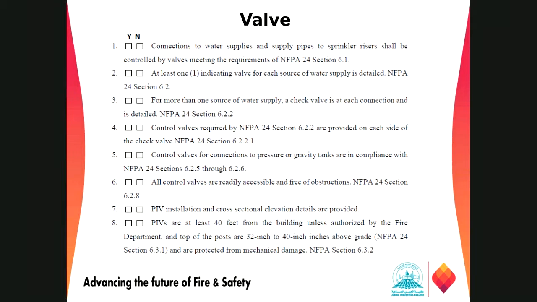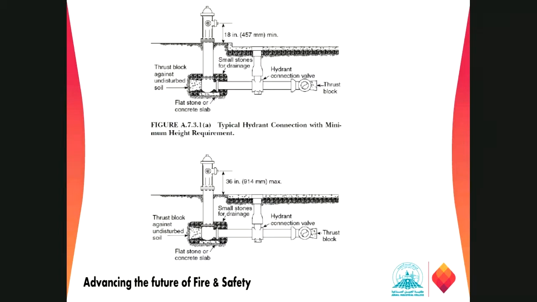Then moving on to the valve. For each single hydrant, there should be an isolation valve in addition to the PIVs, or post indicator valve, on the main network. Yes, this is what is required by NFPA 24, but this might not be followed by some of the contractors installing in some of the commercial complexes.